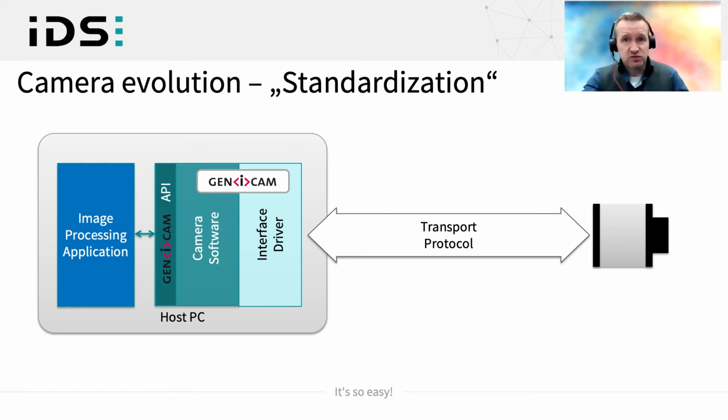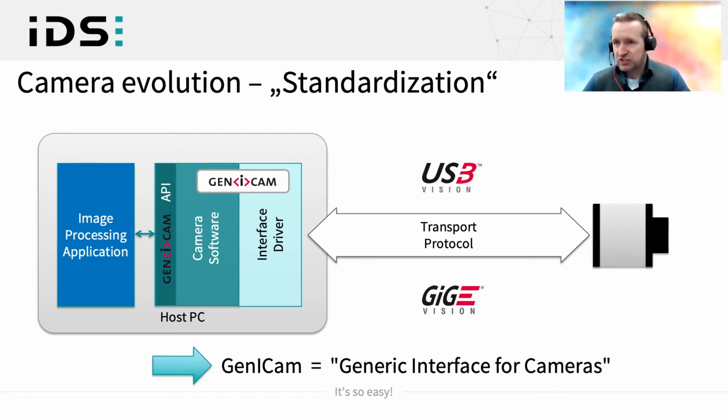The hardware still uses the connection technologies for transmitting camera data, such as USB or the gigabit Ethernet network. But USB3 Vision and GigE Vision are based on uniform protocols. And also a standardized device-related software now operates between camera and the user application with a uniform API.